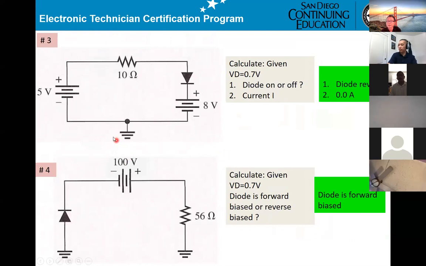Okay, for this circuitry here, VD is 0.7, diode on or off. You can see easily 5 volt on this side, 8 volt on the cathode. So you cannot get the voltage greater than 0.7. So the diode will be off.